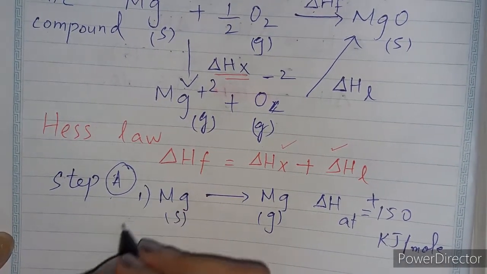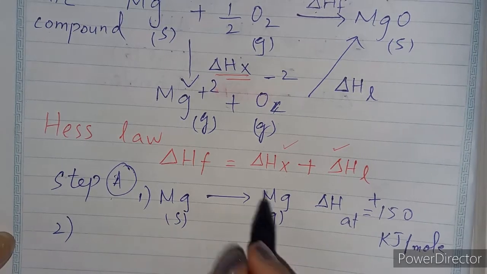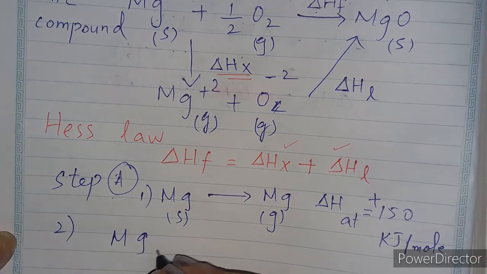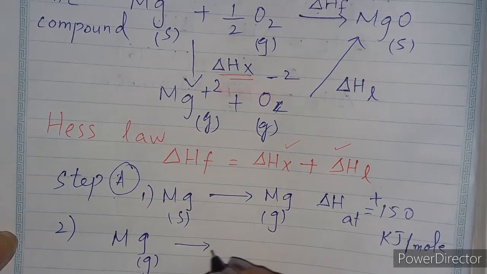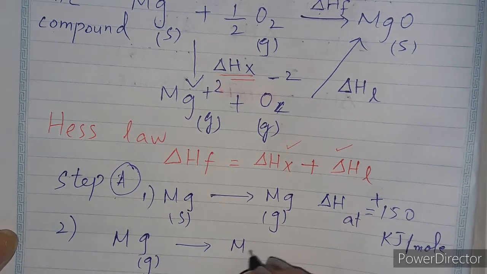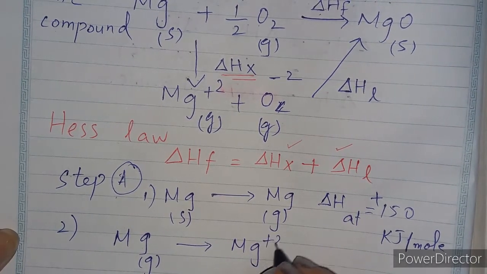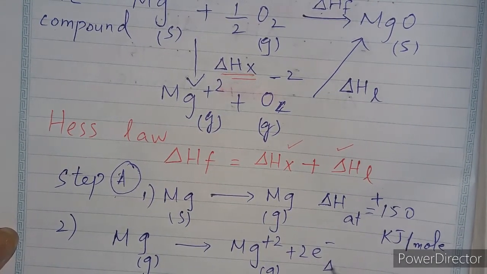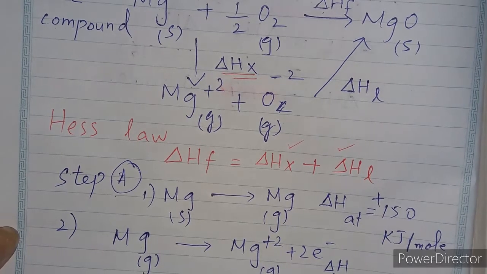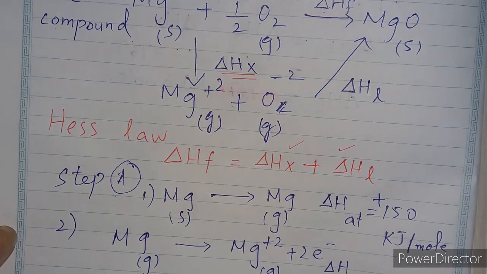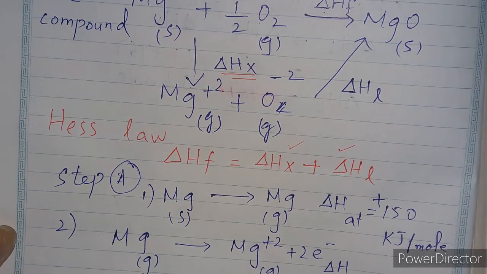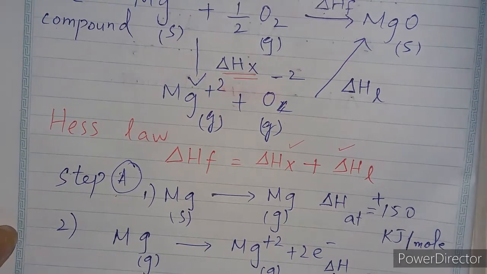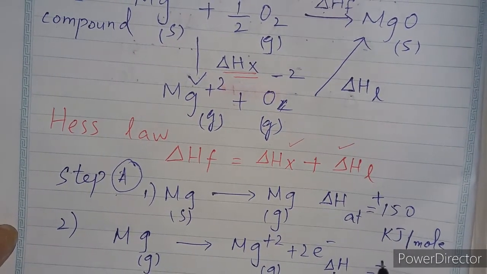Then the second step, Mg in the form of gas converts into Mg2+ gas by losing 2 electrons. Here the enthalpy of ionization is included, which value is 2180 kilojoule per mole with positive sign.